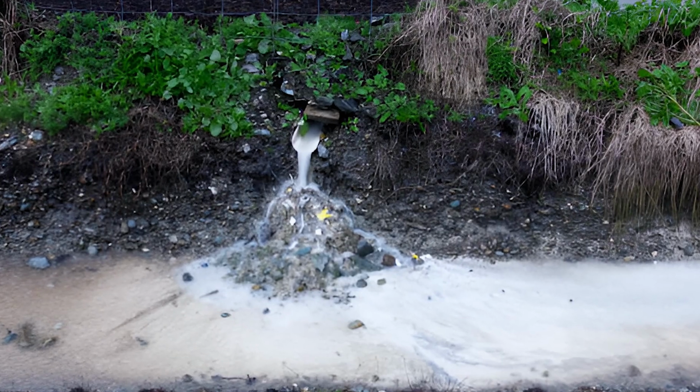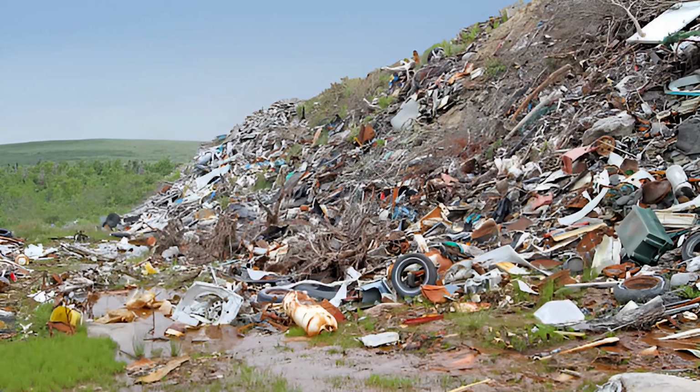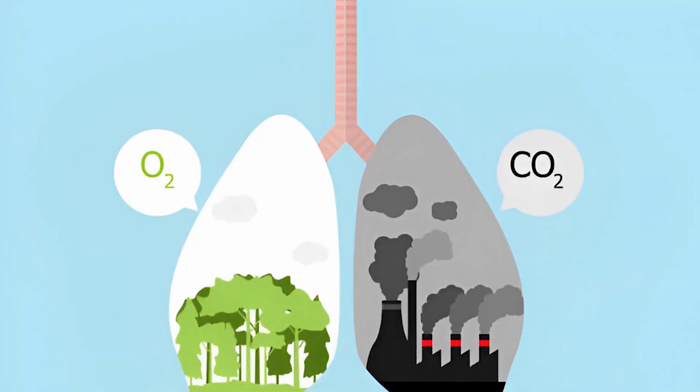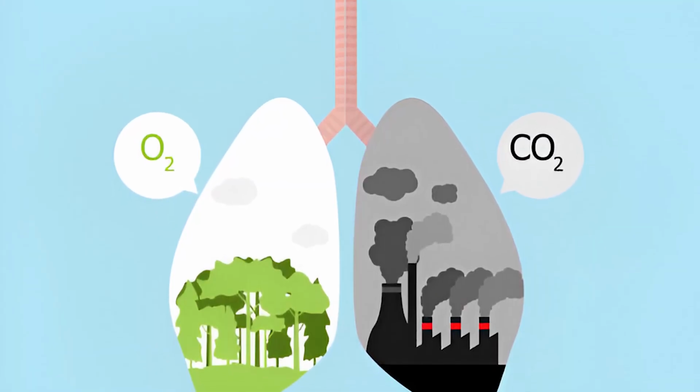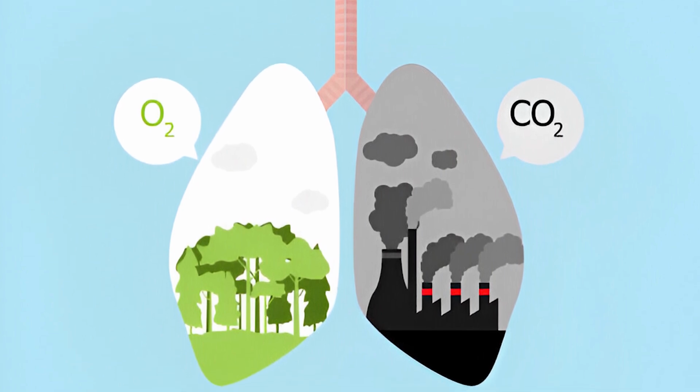These chemicals can enter water sources through various pathways including industrial discharge, agricultural runoff, improper waste disposal, leakage from landfills and various other factors that enter the ecosystem and eventually affect human health.